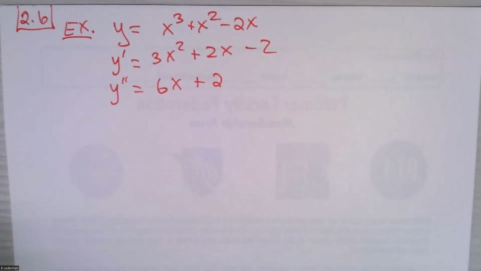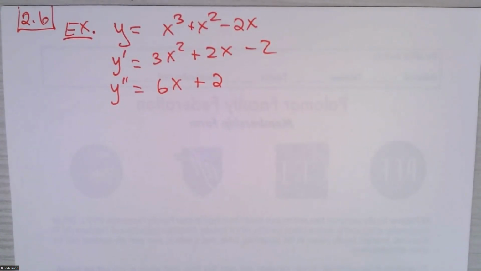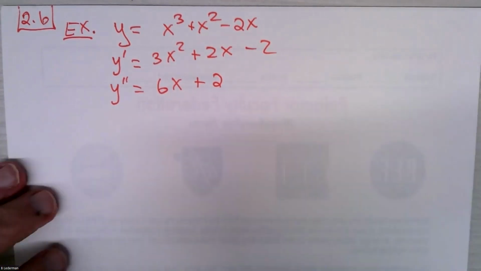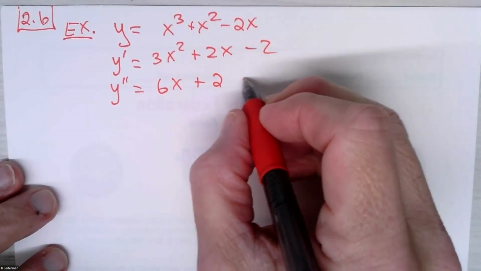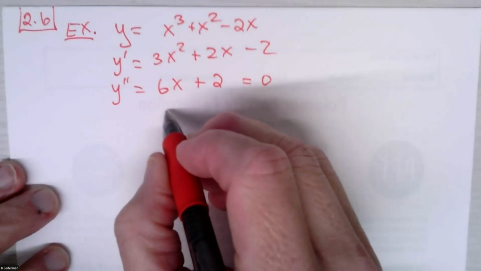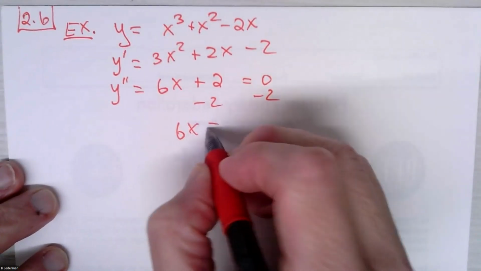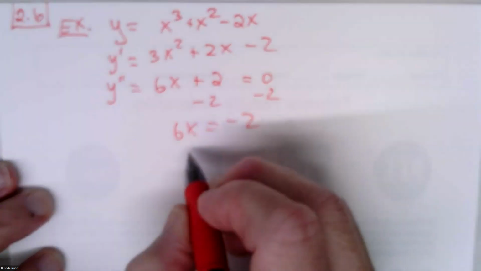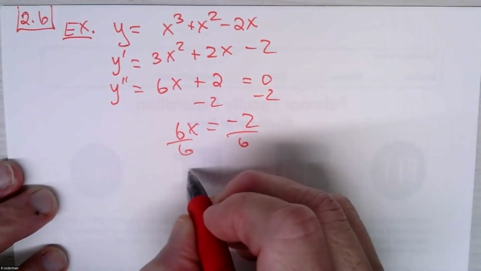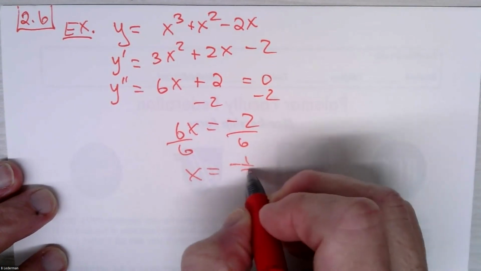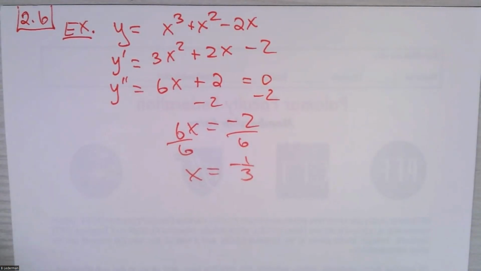And I want to know, when is this positive, when is it negative? So what I'm going to do is set it equal to 0 and solve for x. So I'm going to subtract 2 from each side. 6x equals negative 2. Of course, divide by 6. I get x equals negative 1/3. So negative 1/3, that's the cutoff point.